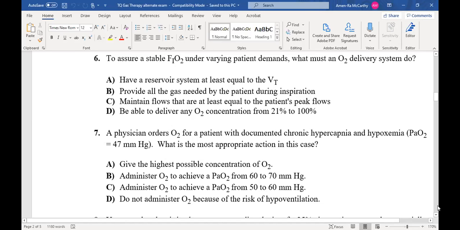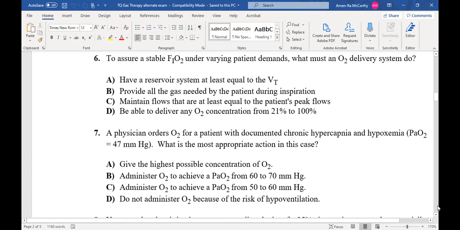Okay, no. Oxygenation, remember, we said that oxygenation might not necessarily be the problem. It may be a flow problem. We're looking for the flow problem. B, good. Provide all the gas needed by the patient during inspiration. You've got to be able to meet the patient's demand.